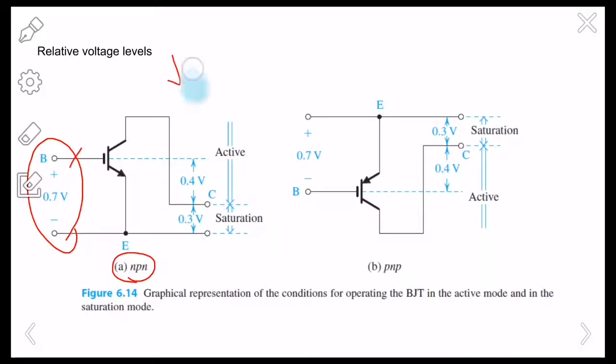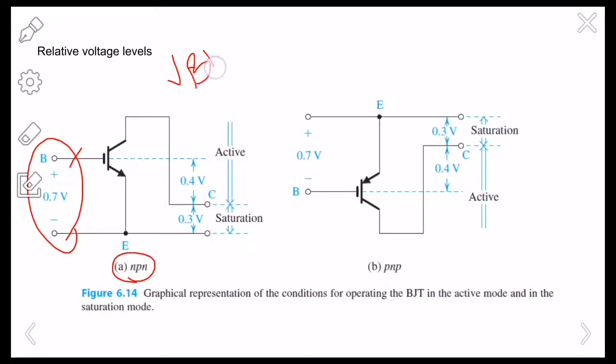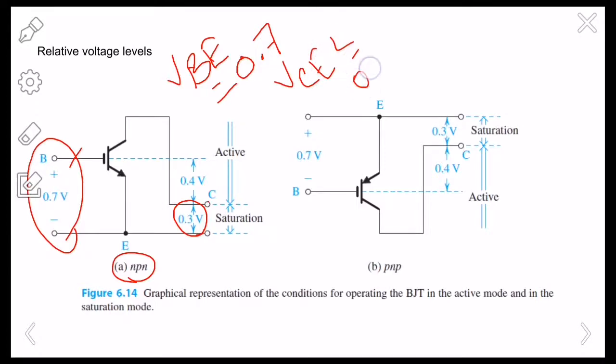So you need VBE of at least 0.7 volt, and to be operating in the active or saturation mode, for example if it is in saturation mode, the difference between collector and emitter VCE must be less than or equal to 0.3 volt for saturation. Beyond 0.3 volt it is active mode operation.